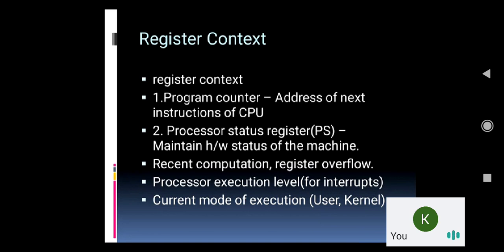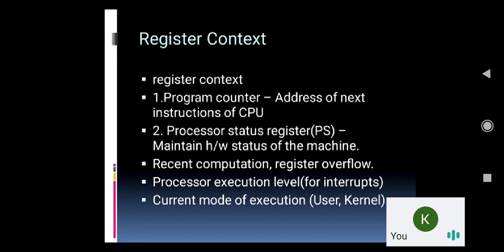The next one is about the processor. How many programs are you going to execute? For each and every program we need a processor, and we call this the processor status register. Suppose you have a quad core processor: program 1 will be executed in core 1, program 2 in core 2, program 3 in core 3, and program 4 in core 4.